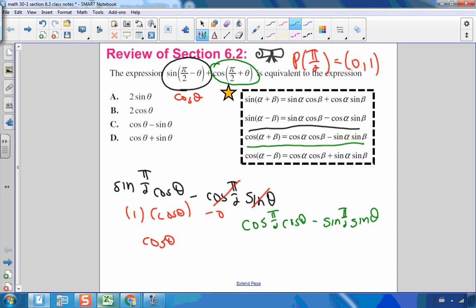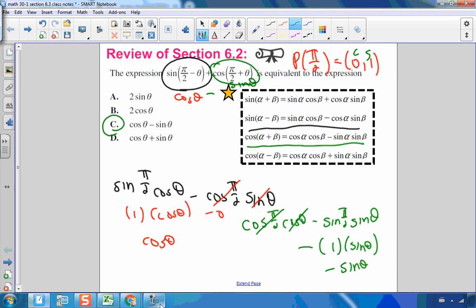Again, we saw that cosine was 0, so this is 0, and 0 times that is also 0. And sine was 1, so I'm going to subtract 1 times sine theta, which is just negative sine theta. So cos theta minus sine theta, C would be your answer.